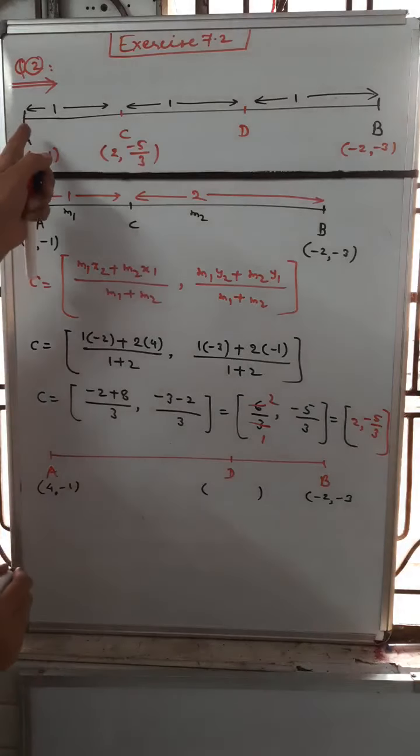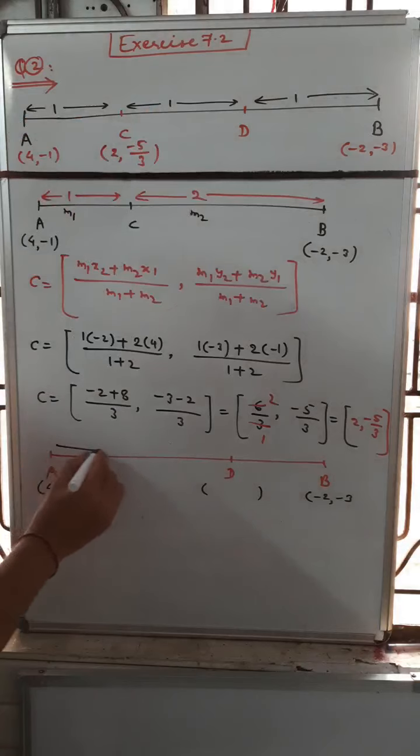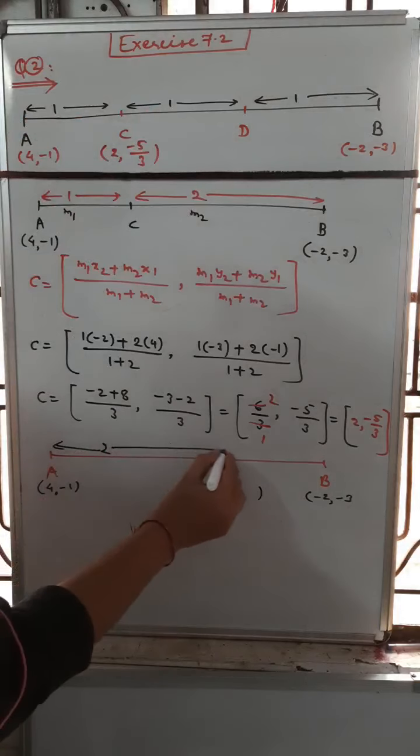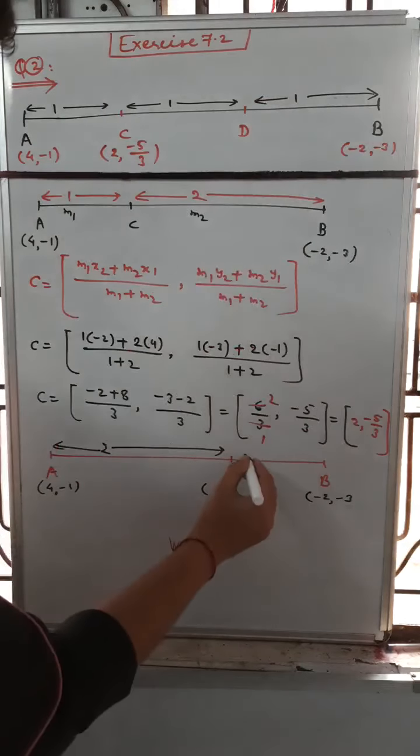So now the difference between A to D is ratio 2, and D to B is ratio 1.